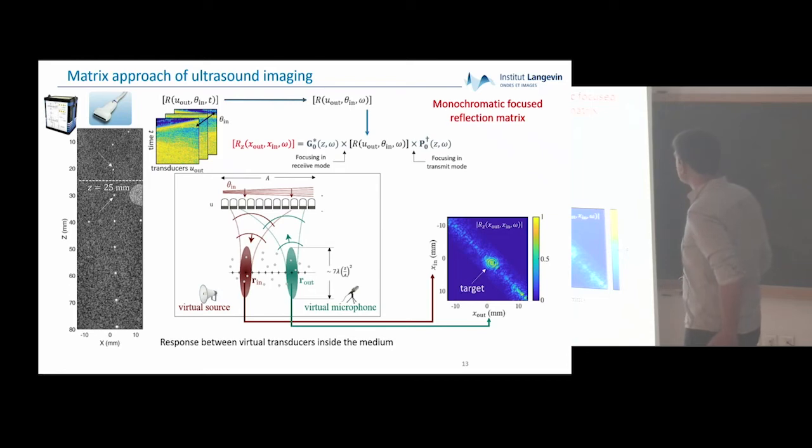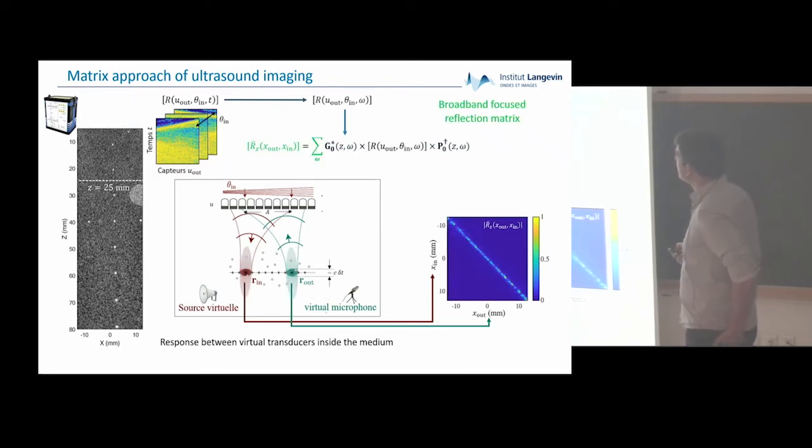And to do that, I will do the following operation. I will sum this monochromatic reflection matrix over frequency. So it's a coherent sum. You can see it as a Fourier transform at the time t equals 0. And this time t equals 0 is the ballistic time. It's when this virtual source emits the wave.